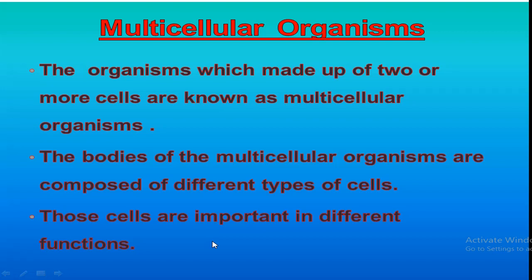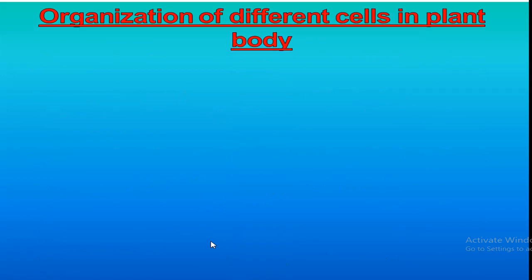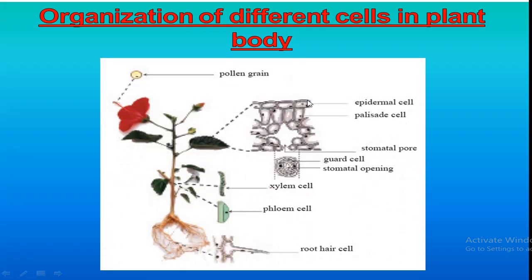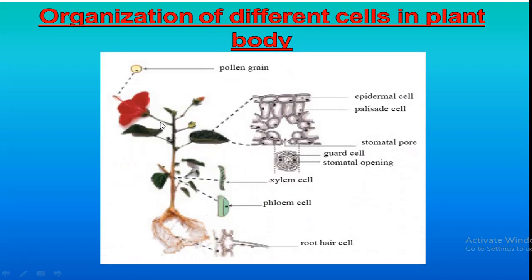Now we have learned about unicellular organism and multicellular organism, right? Then we will learn about organization of different cells in the plant body. This is the plant body.